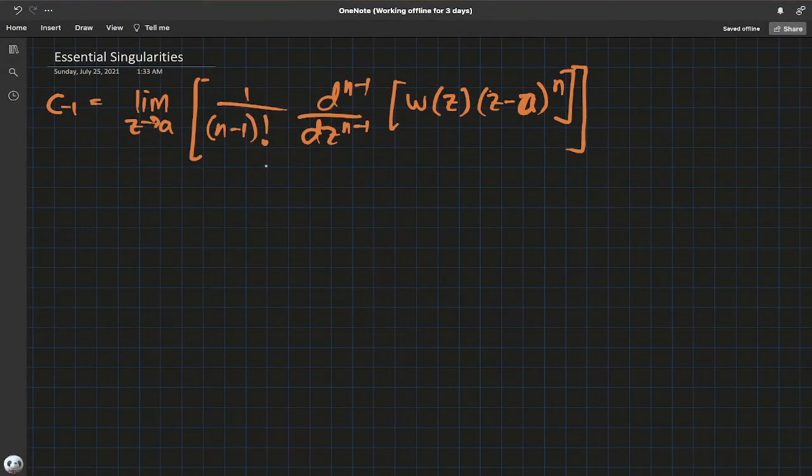Okay, so we had this formula for the residue of an nth order pole. Well, these discussions were for poles. What about essential singularities?